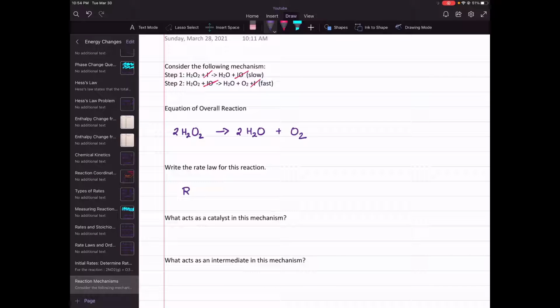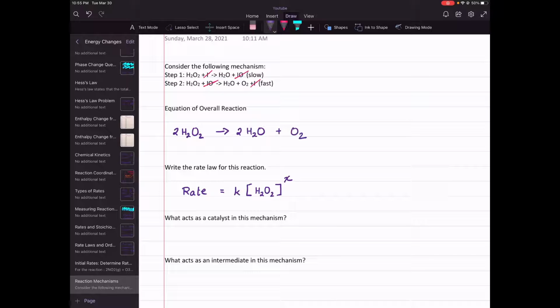So in this case, the rate law, again based on the chemical equation that is given to us, rate is equal to k [H2O2] to the power of x. This is the power of x because based on this overall reaction, the reactant is only H2O2, and in this case the coefficient before the H2O2 cannot be assumed as the exponent for the rate law.